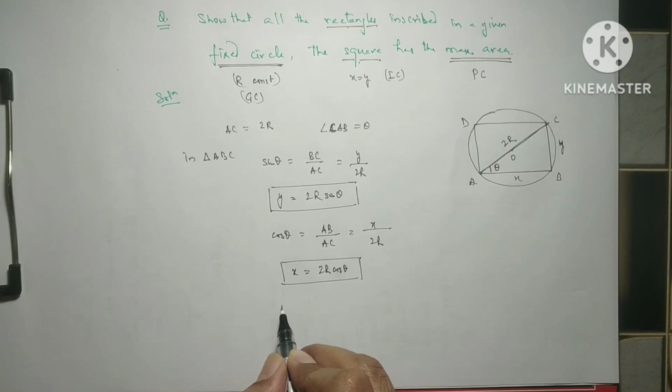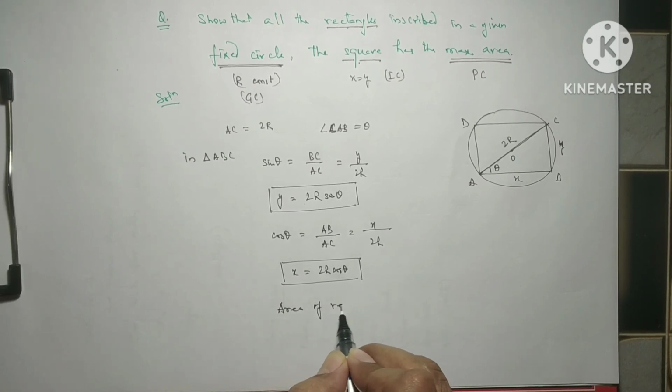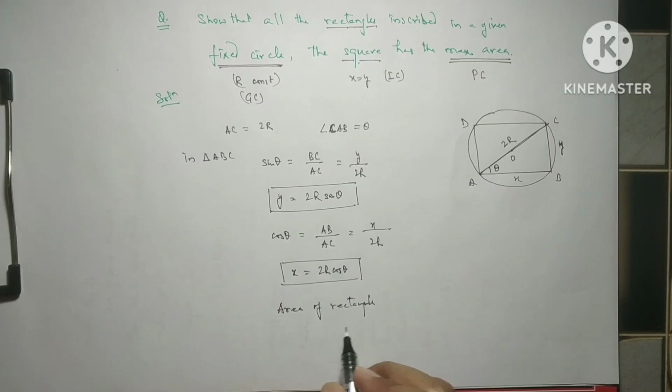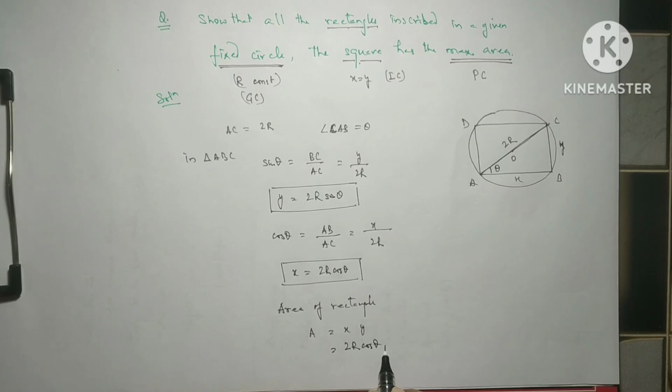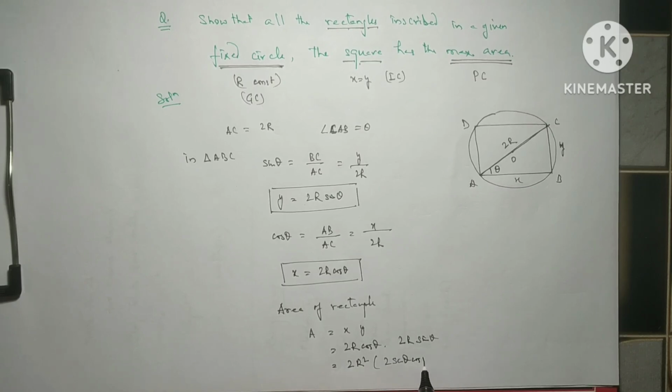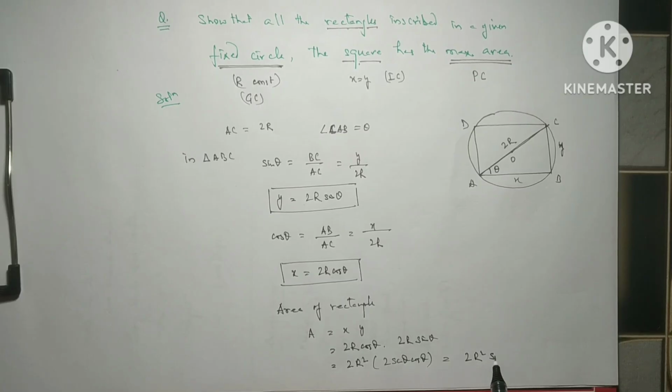That means the area of the rectangle, A equals x into y. The value of x is 2r cos theta and the value of y is 2r sin theta. So it is 2r square times 2 sin theta cos theta, that means 2r square sin 2 theta.